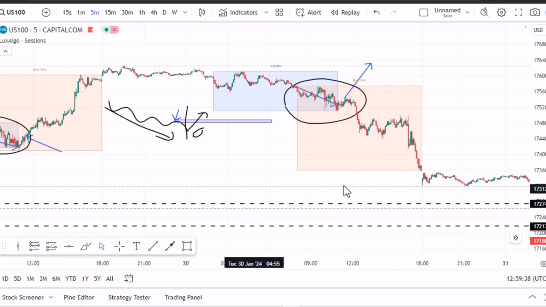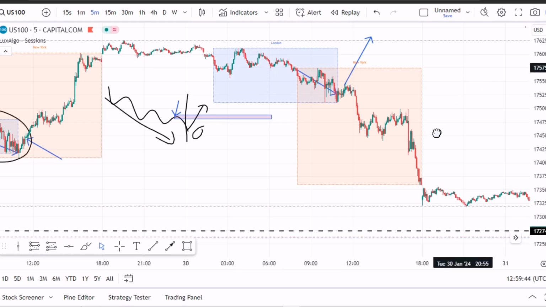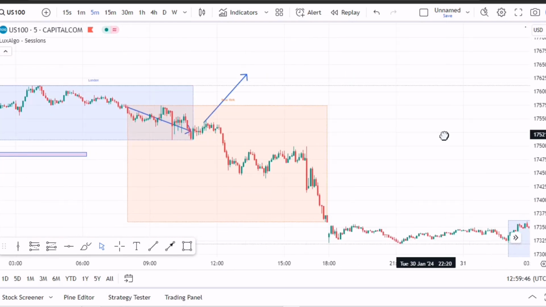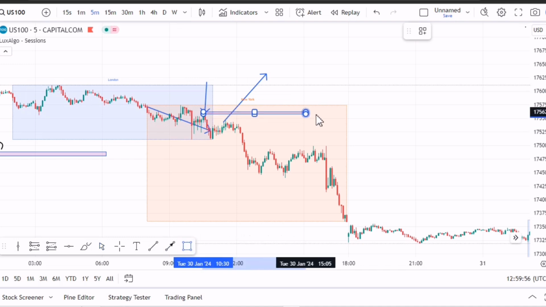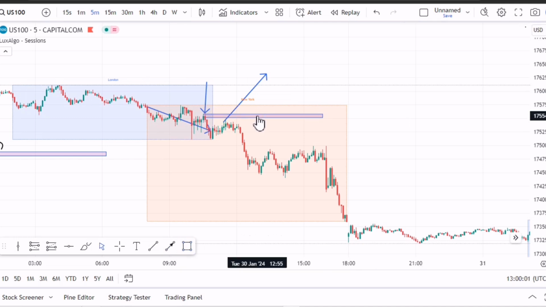So right here, instead of taking a buy trade, you would have to wait for price to actually close above that key level. You see that key level, you were supposed to mark it like that, and then you wait for price to close above it.